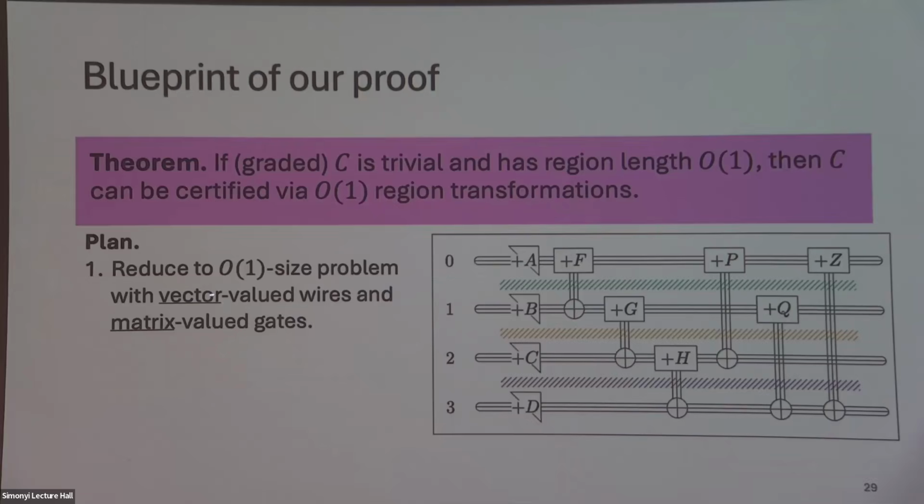You think of the wires as carrying vectors of polynomials instead of just polynomials, and you think of the gates as the weight is now a matrix instead of just a single scalar value. And so somehow you want to carry out the proof that we did before for the constant size case, except with all of the inputs and outputs being block matrices and block vectors instead of just vectors and scalars.